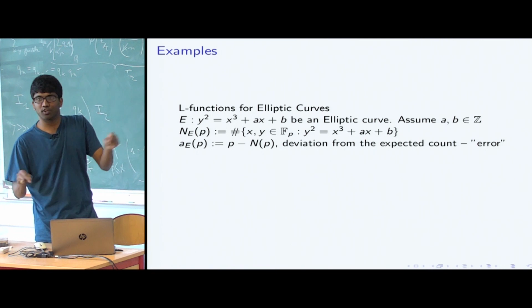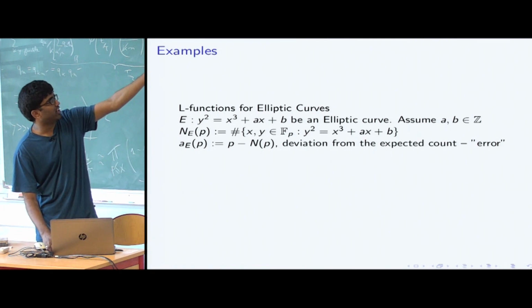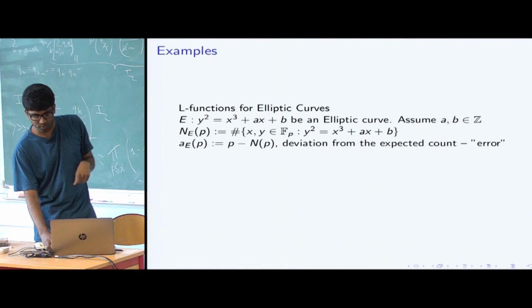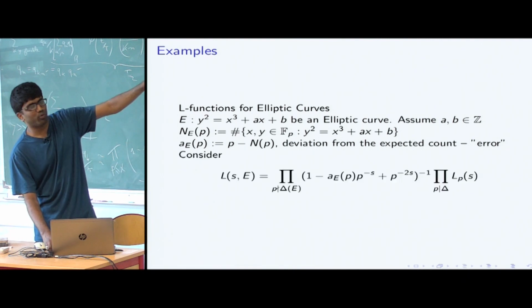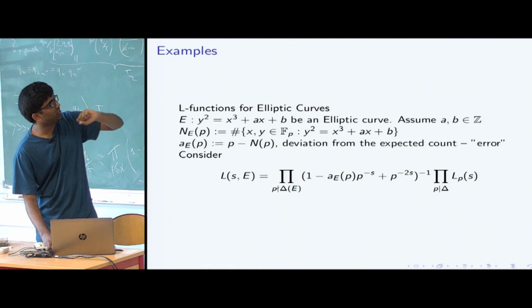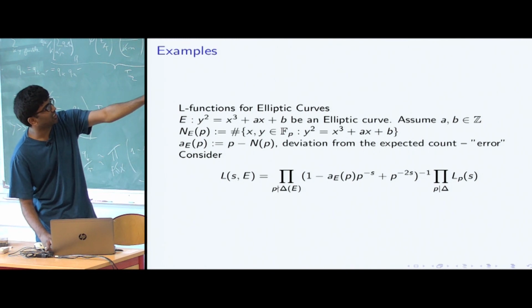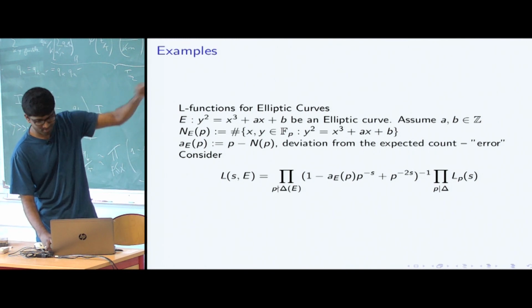So take this curve, count points mod p, so those quantities are N_E(p), and from N_E(p) you create these a_p, which are deviations from expected counts, p minus N_E(p). Now you can form this Euler product, (1 minus a_p p to the minus s plus p to the minus 2s) inverse. So it's a degree 2 Euler product.